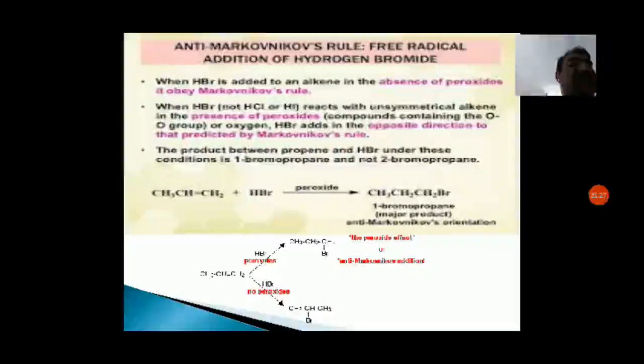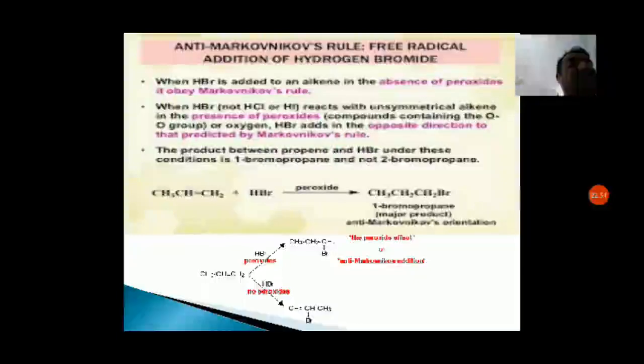Then this bromine atom, Br minus, will attach to the CH2. Why CH2? Because here the carbon atom has two hydrogen atoms. And the hydrogen atom in the hydrogen halide will attach to the CH, the left hand side carbon atom. Hydrogen will attach to the left carbon atom, and Br minus will attach to the right hand side carbon atom.